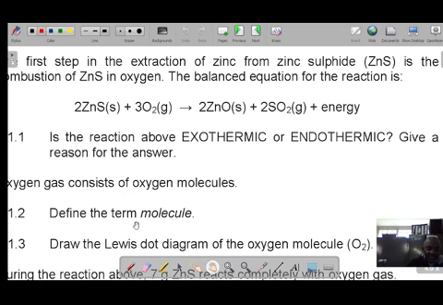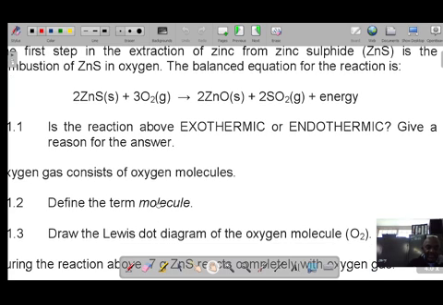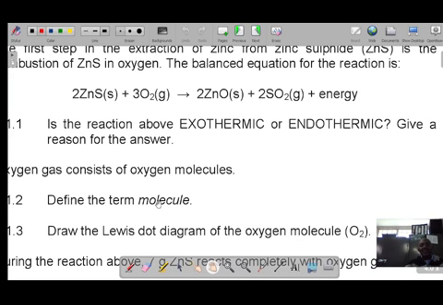Now, listen carefully, guys. We have types of reactions, depending on whether they take in heat or release heat. A reaction which takes in heat or energy is called an endothermic reaction. A reaction which releases the heat or the energy is called an exothermic reaction.